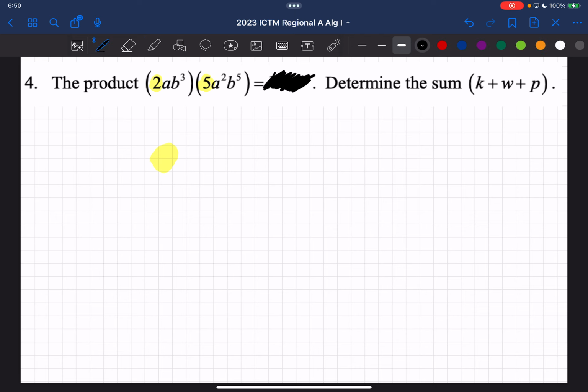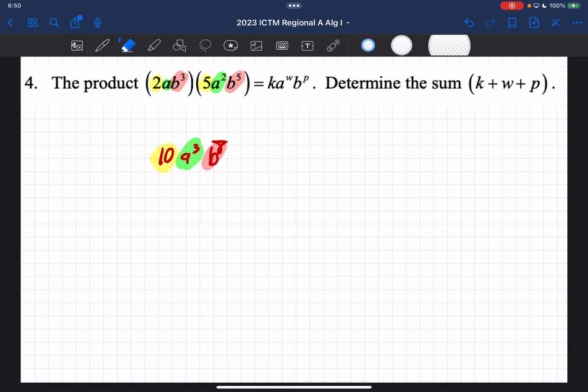So when we multiply those, we get 10. Next, we'll multiply a and a squared. And when we do, that is a to the 3rd. Then we'll multiply b to the 3rd and b to the 5th. And when we do, that's b to the 8th.